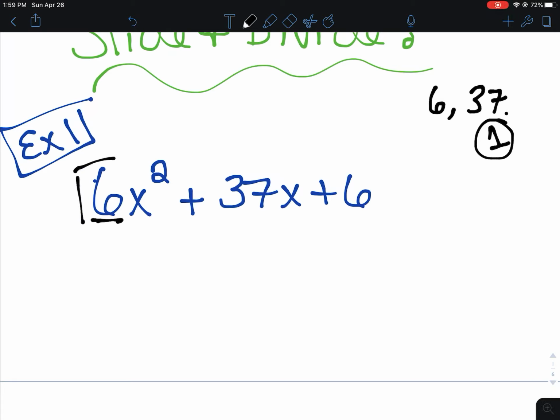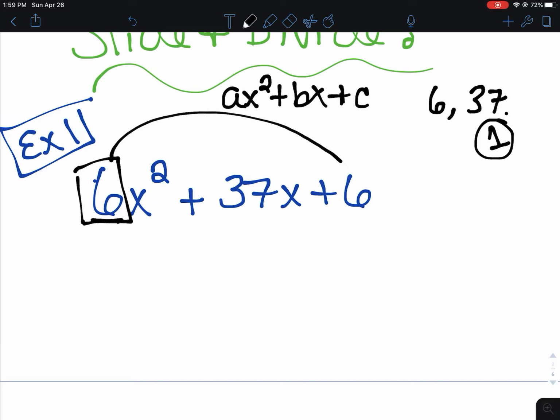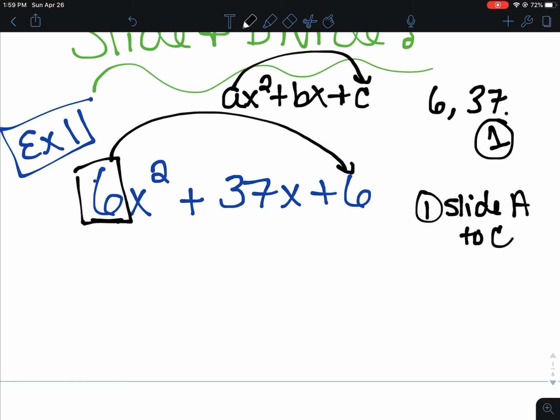So the first part is the sliding. We're going to take this a value, from ax squared plus bx plus c, standard form of our quadratic. I'm going to slide it down to the c value. So that's my first step there, is to slide a to c.